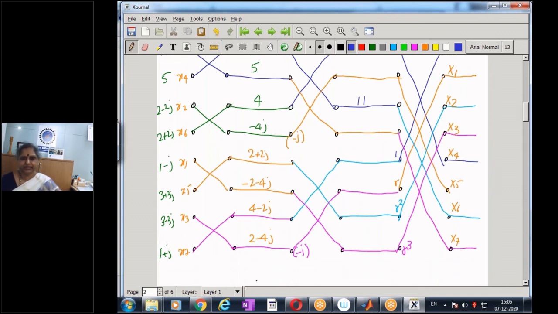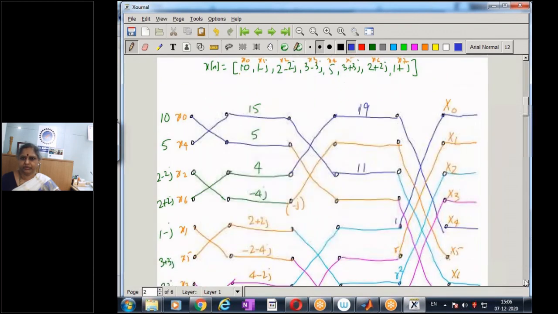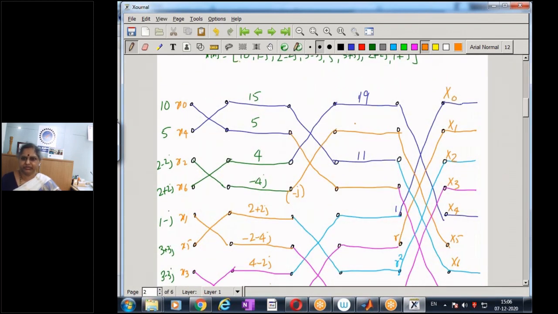So this is going to be 5 plus minus 4j into minus j, my branch gain. So that is going to be 5 plus j squared, minus 1, so 5 minus 4, that is going to be 1.